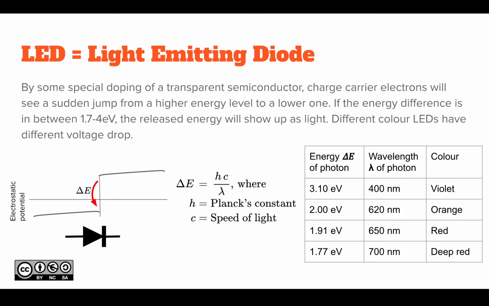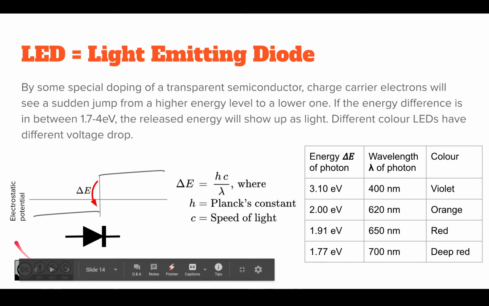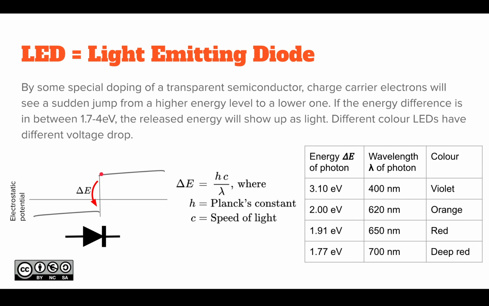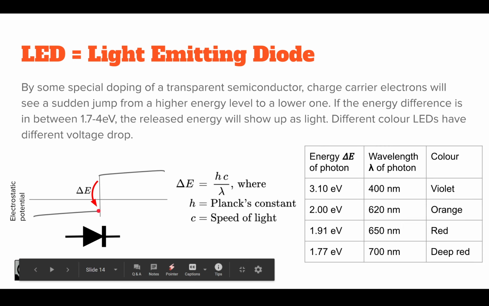But by some special, fancy doping by silicon engineers and physicists, you can first of all select a transparent semiconductor, and with a special doping you can make so-called quantum wells, meaning from the electron's point of view, you have a sudden jump from one electrostatic potential level, meaning energy level, down to a lower one.